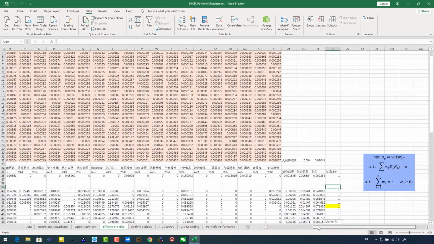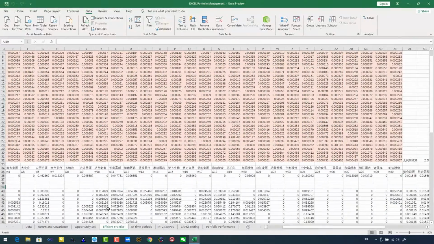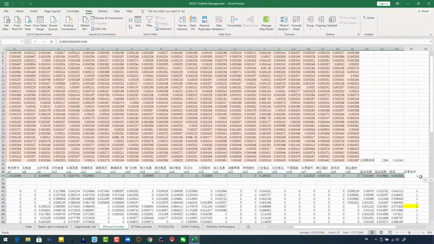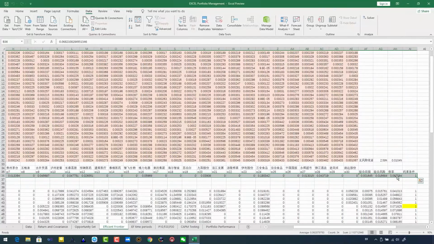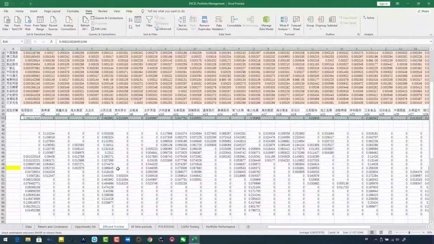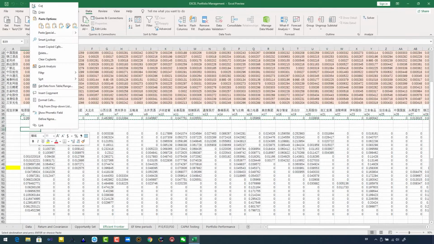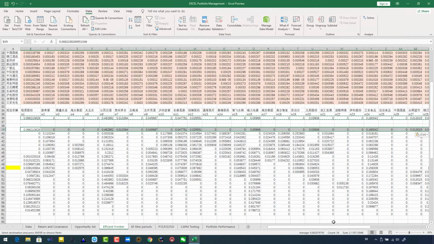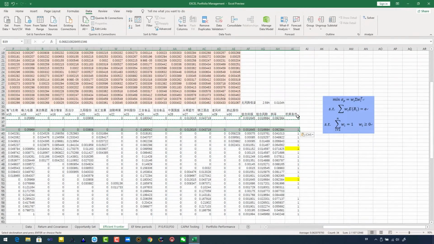So after the Solver finds the result, you can copy the result, and then you paste it down here. So you paste here, paste the numbers, and then click that. And this is the first step. We calculate the highest slope.